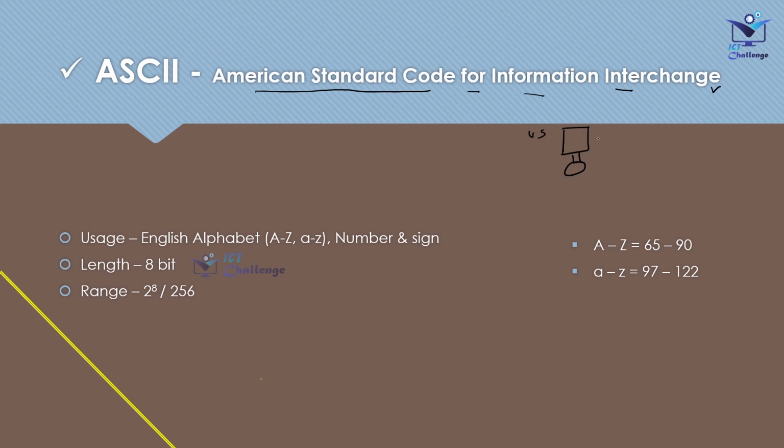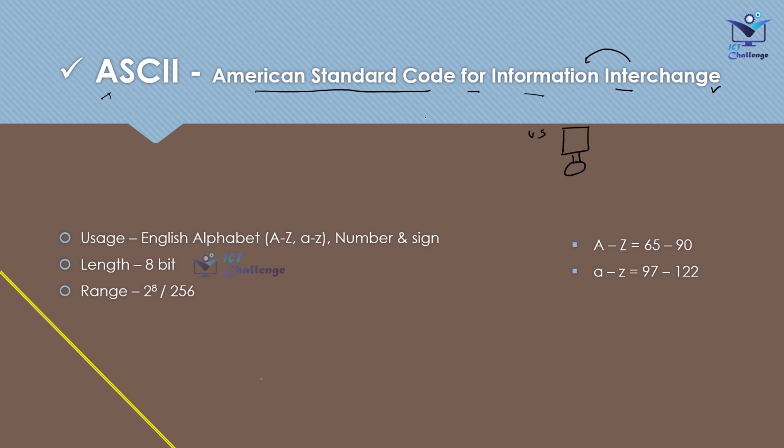So they invented a system, that is ASCII, which can interchange their information. That means ABCD is their information, and they can interchange it to the binary number system. This is American Standard Code. Do you understand this part?